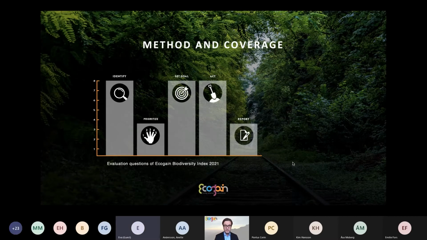What kind of improvements can we make to targets and goals? And how have they reported, and how have they monitored and governed these processes? We have 23 questions, so you could say that these different themes have 4 to 6 questions focusing on them.